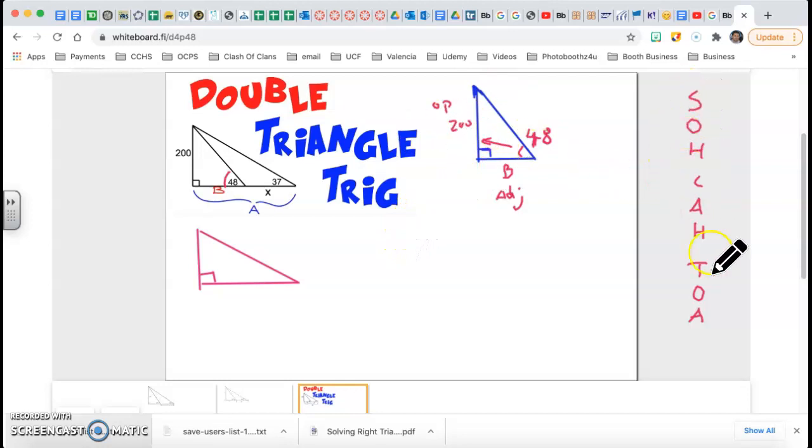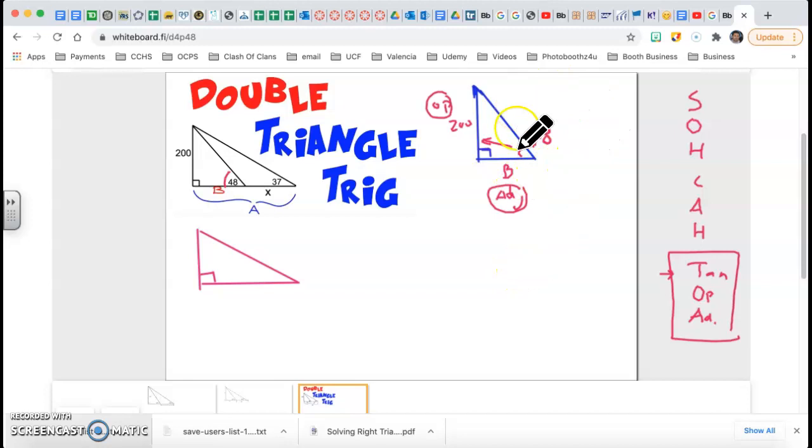Now, on my SOHCAHTOA, sine, cosine, and tangent, I need to find out which of those functions relate adjacent and opposite. Here we go. I got opposite here and I got adjacent here. Therefore, tangent is the one that relates those two sides.